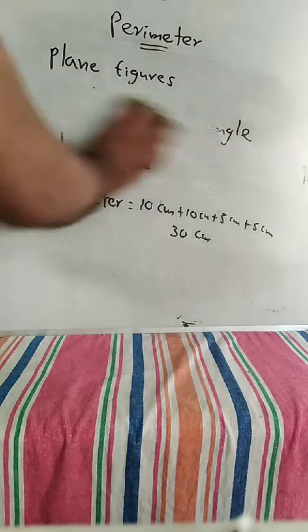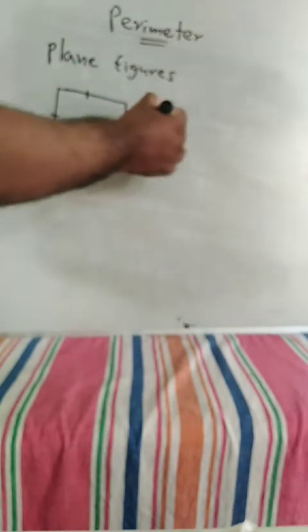Another plane figure. Rectangle is a plane figure. What is this? If all sides are equal, this is a square. In a square, all sides are equal. If this is 10 centimeters, all sides are 10.